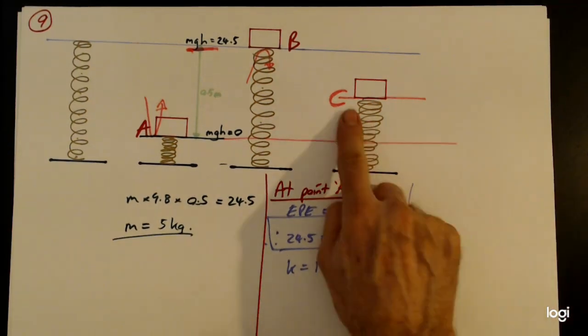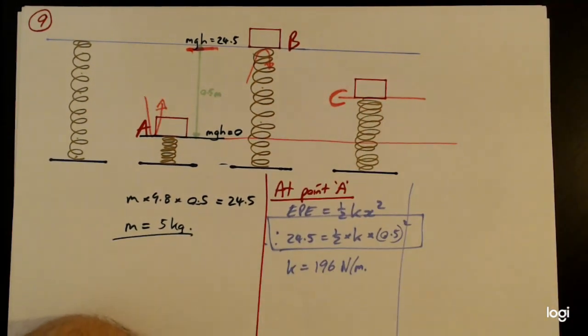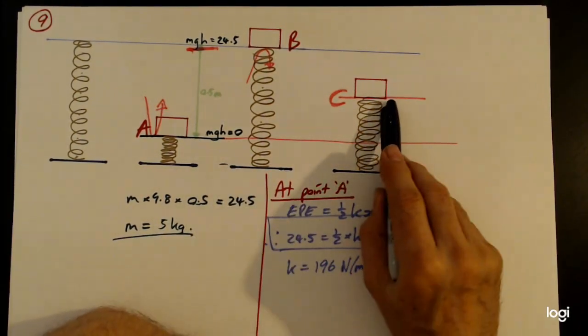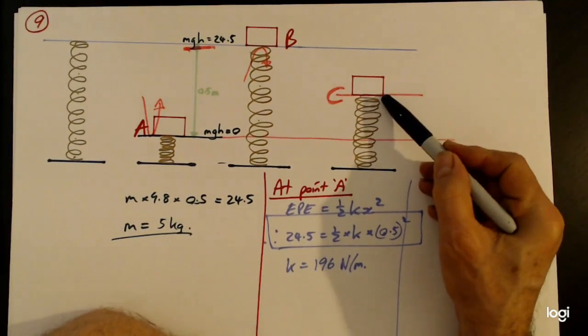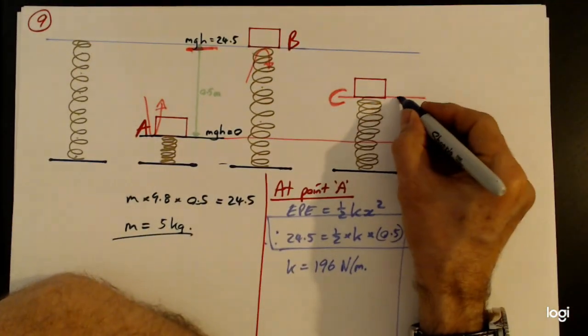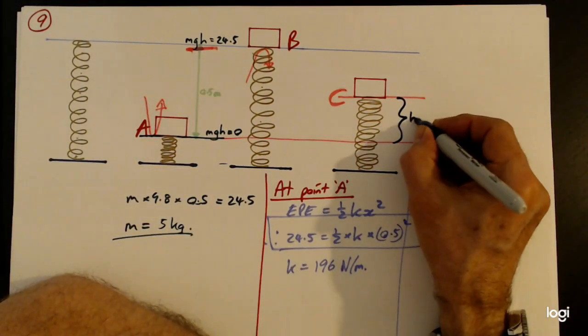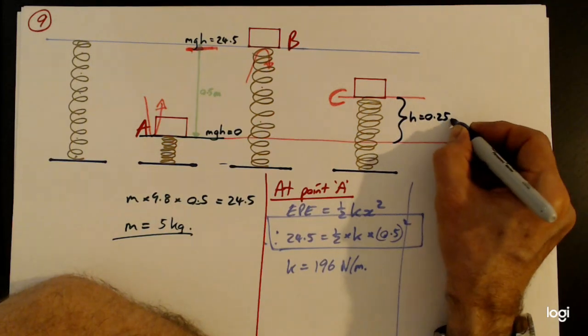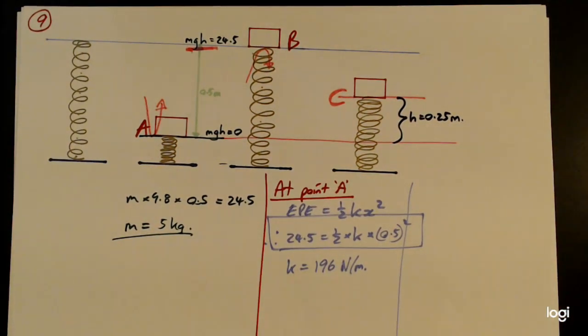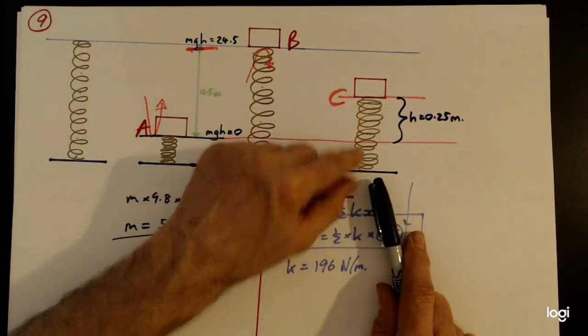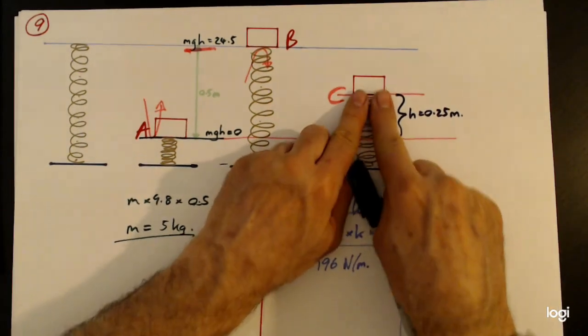So at that halfway point, that 24.5 is a combination of all three. It has some gravitational potential energy because it's got an H. It's got an M and a G and an H there. The H is 0.25 meters because it's halfway up that trip. It also has elastic potential energy because we know that it rests that long and it's still a little bit compressed, which is why it's still pushing this thing up.